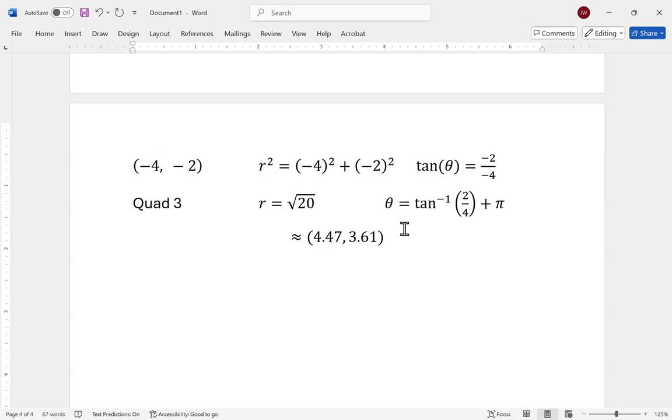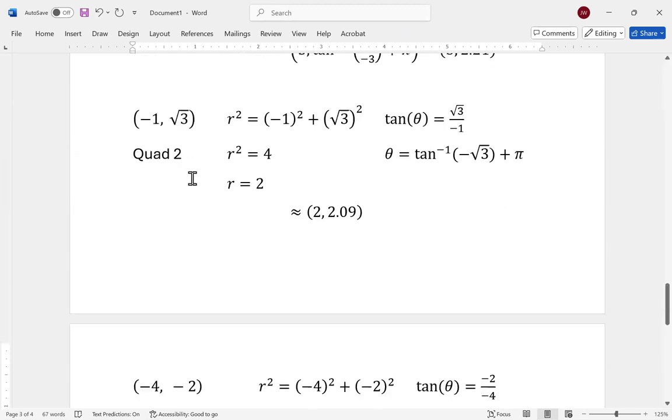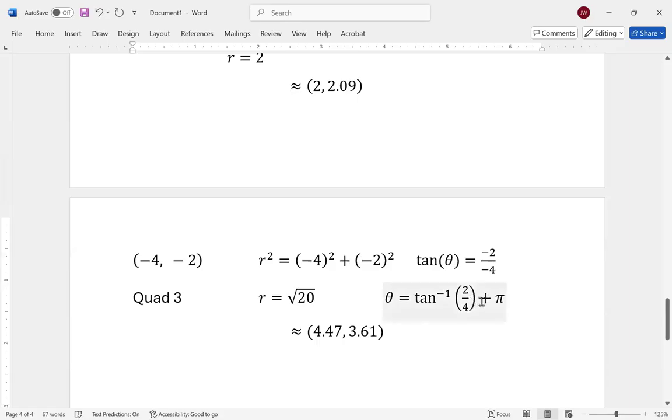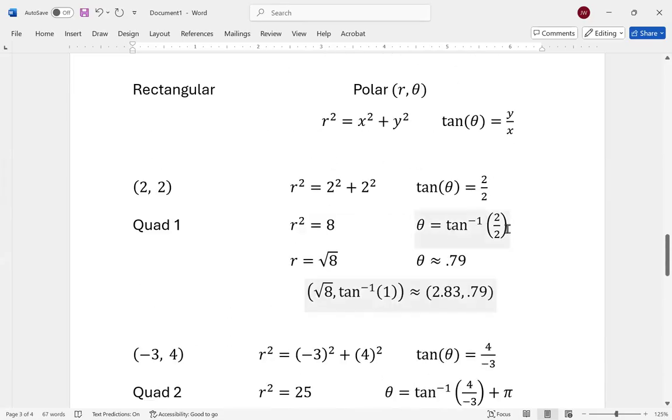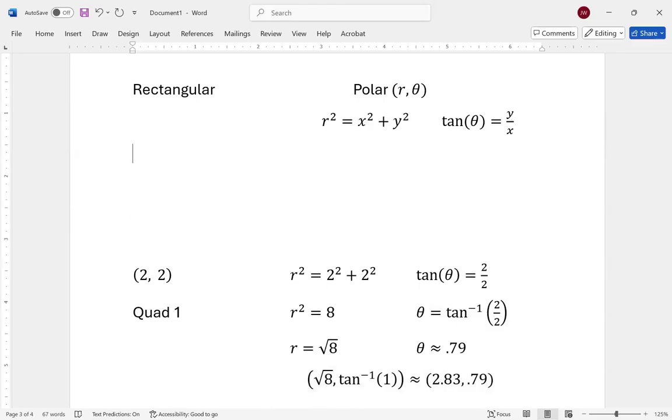There you go. As you can see, whenever you're in quadrant 2 or quadrant 3, you're going to have to tack on a plus pi to your inverse tan. If you're in quadrant 1, you can just use inverse tan by itself. If you're in quadrant 4, you can also use inverse tan. So a lot of times when we're dealing with polar coordinates, what we'll say is force R to be positive, and then this theta is between -pi/2 and 3 pi/2.